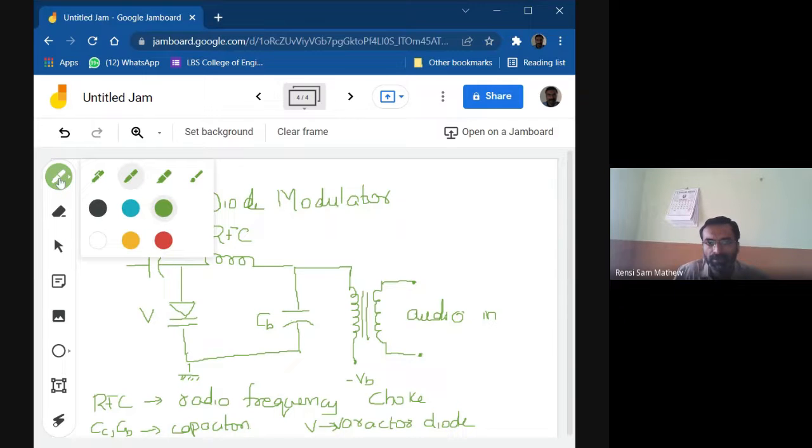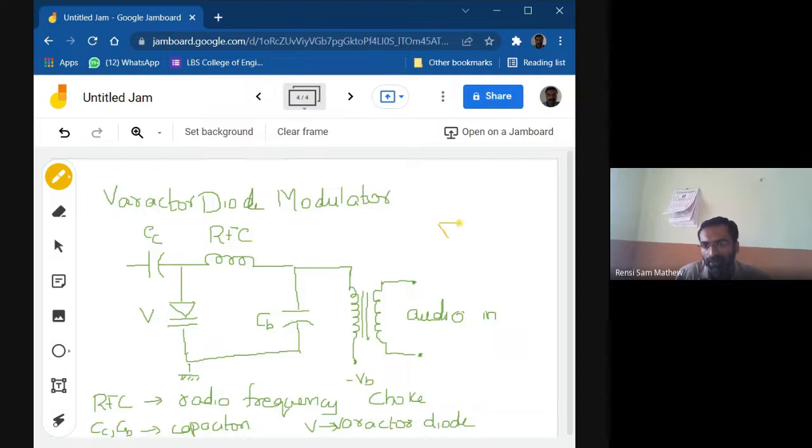If you look at the symbol, we can see that it has a diode. Then we have a capacitance symbol also, because its capacitance value changes according to the bias. There's a change in the capacitance.